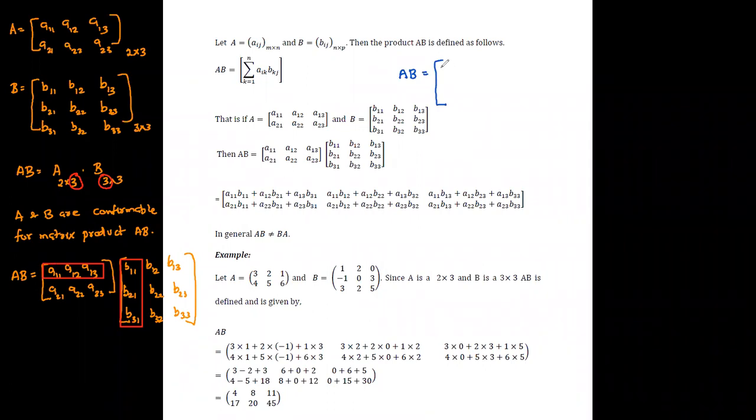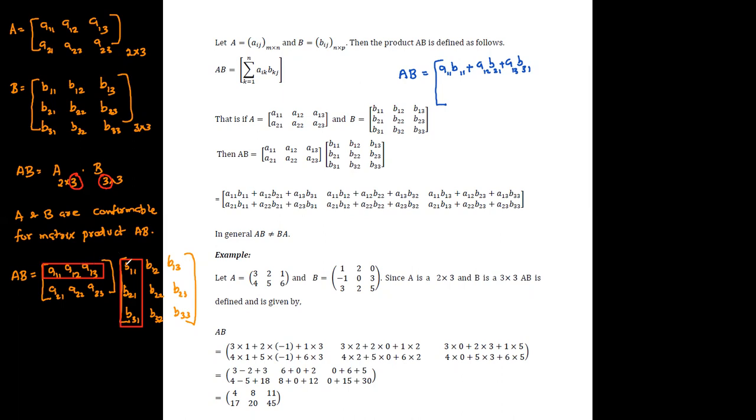Then this results in A11 B11. This has to be added to the second value set, A12 multiplied with B21. Then A13 has to be multiplied with B31.